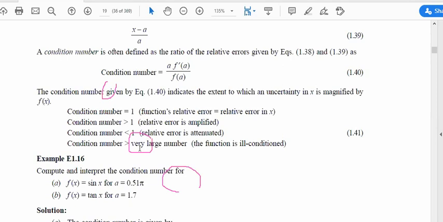So this is amplified, and this relative error is minimized.